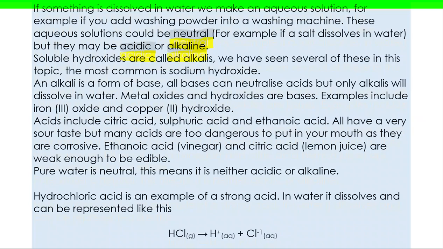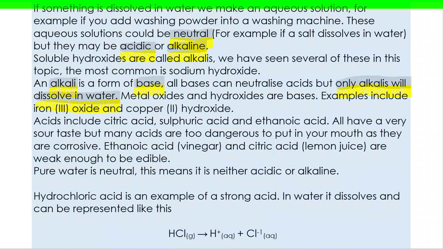Now, we can categorise substances as being acidic, alkaline, or neutral. An alkali is actually a form of a base. A base is something that can be neutralised by an acid, but an alkali is one that can dissolve in water.